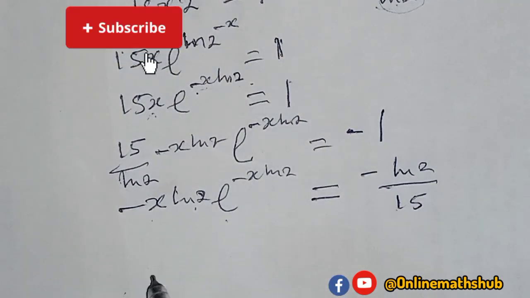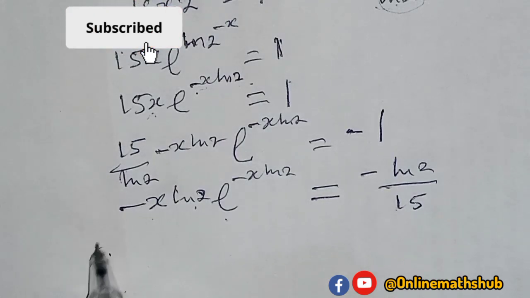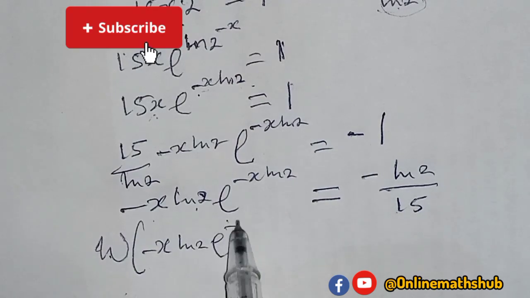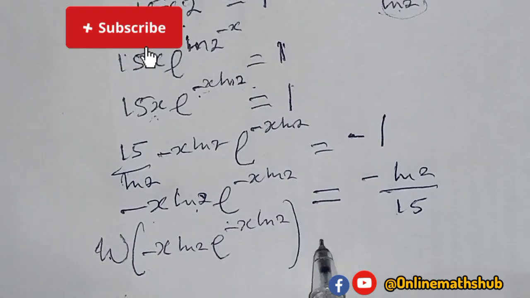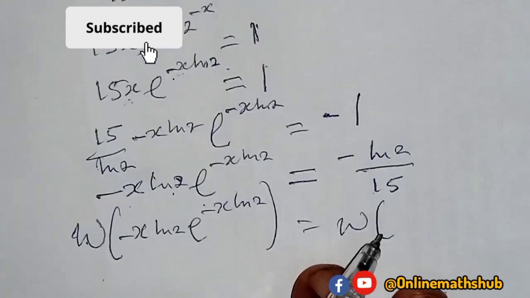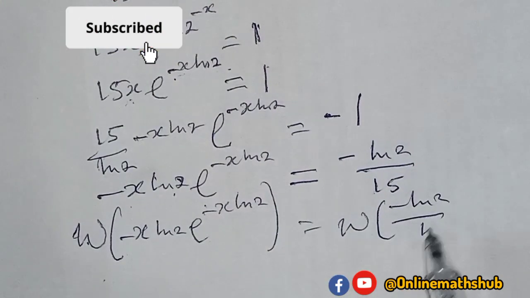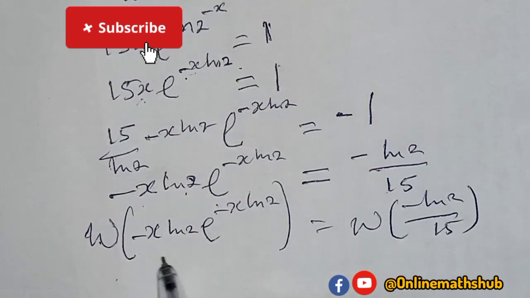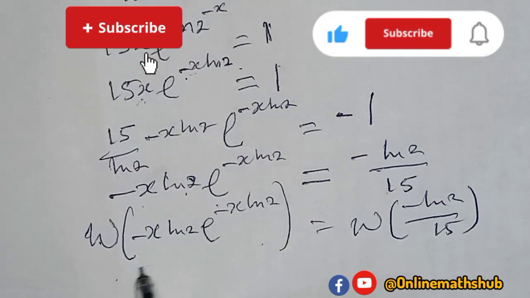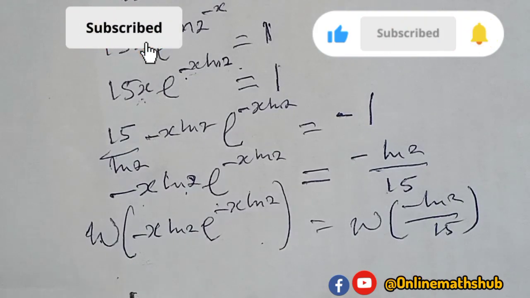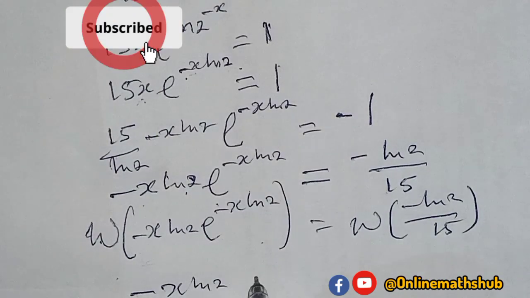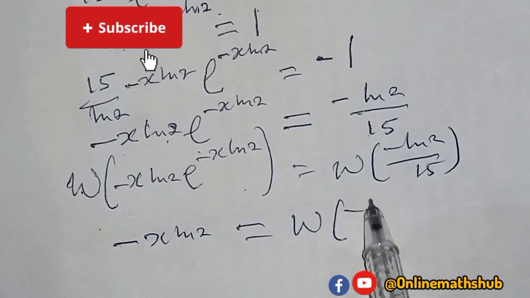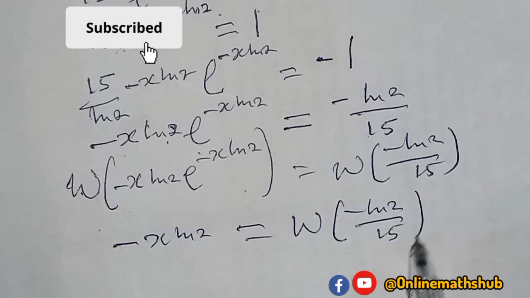So I can now go ahead and apply the Lambert W function. If I have W of minus x ln 2 exponential minus x ln 2 is equal to W of minus ln 2 divided by 15. And of course once you apply the Lambert W function right here, this whole thing changes to x, which is minus x ln 2, is equal to W of minus ln 2 divided by 15.